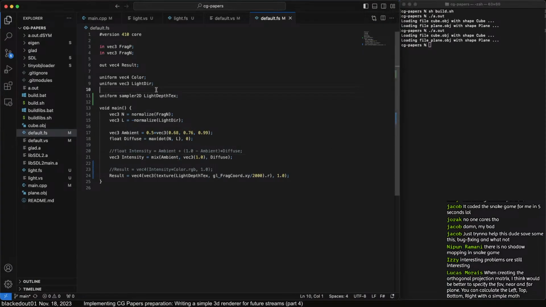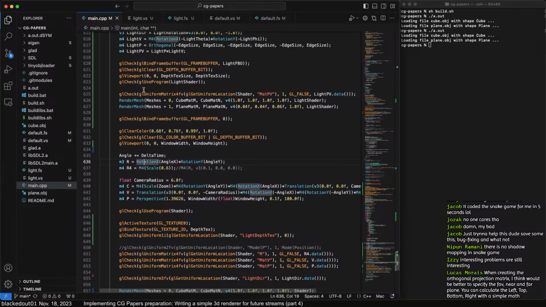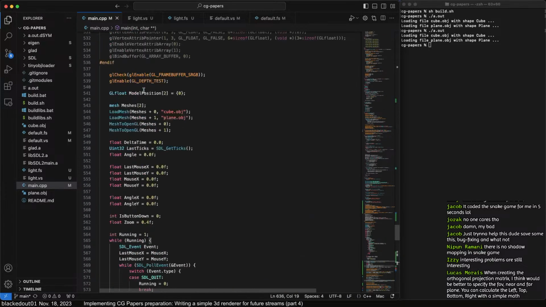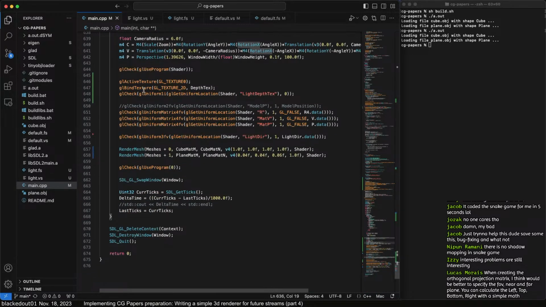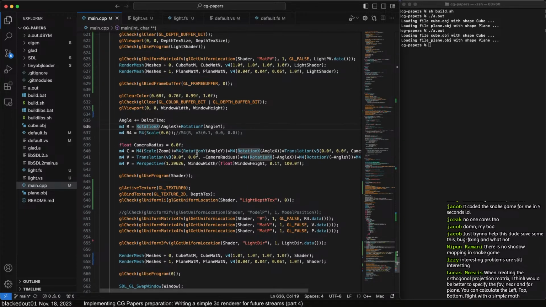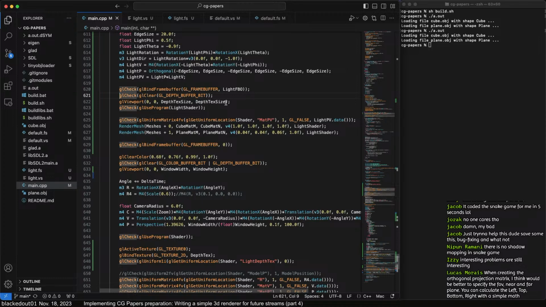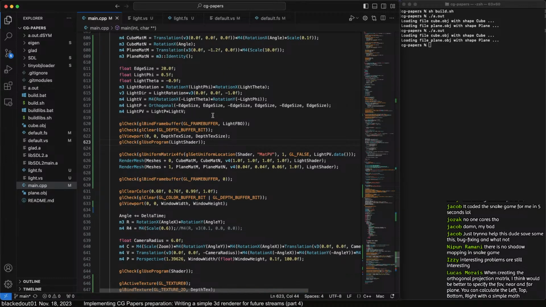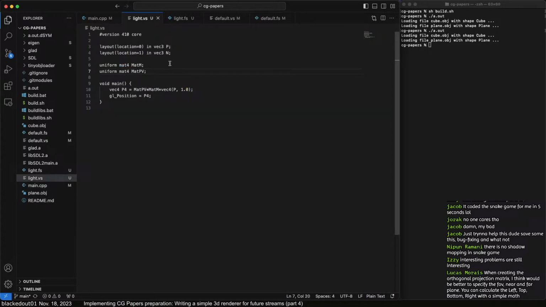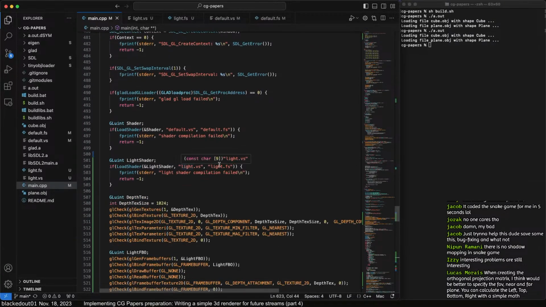Well, now I need to do some debugging. No, I changed these.